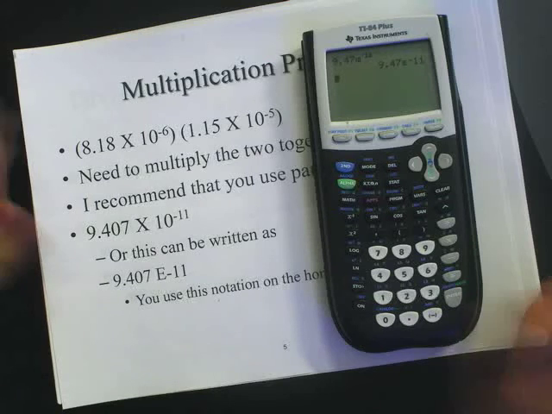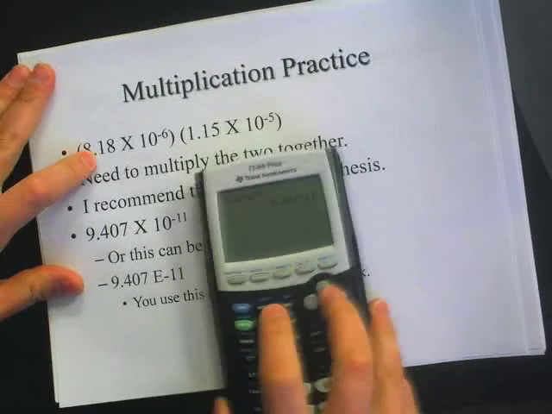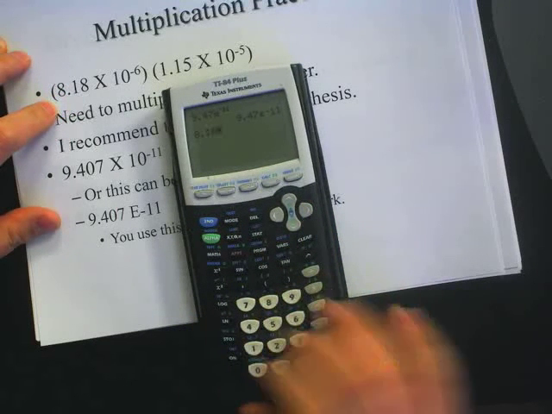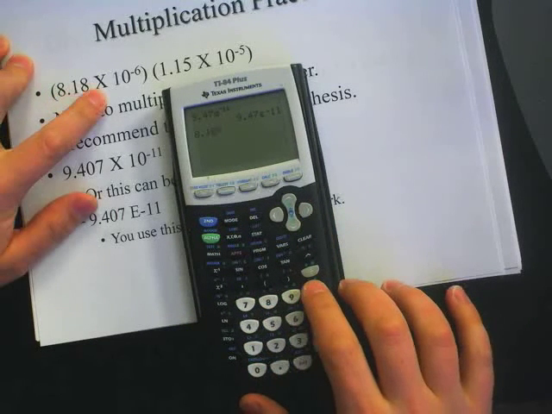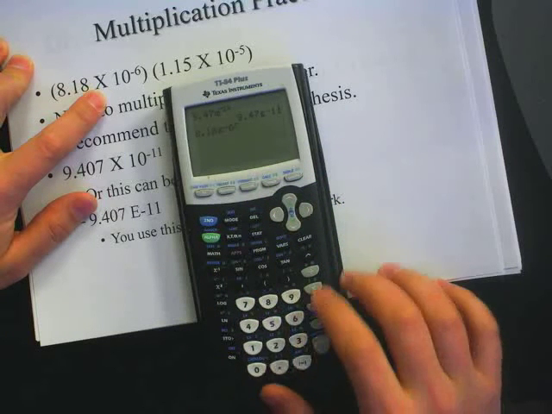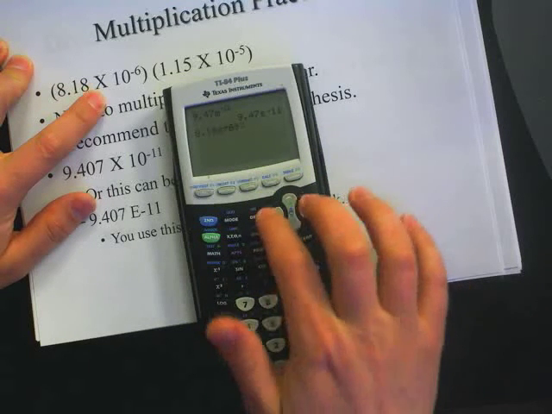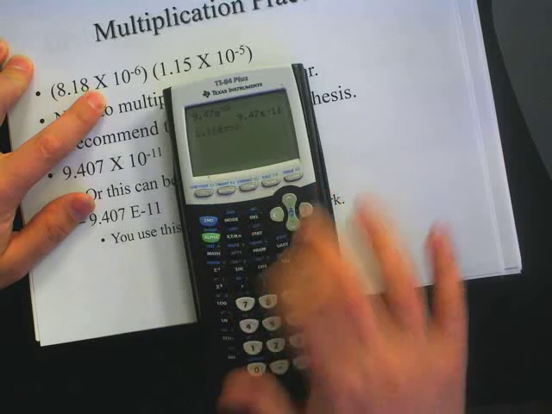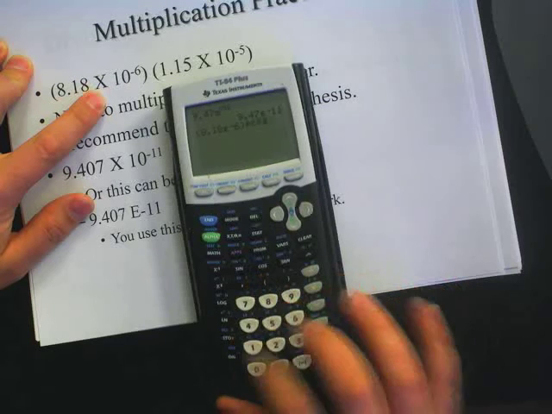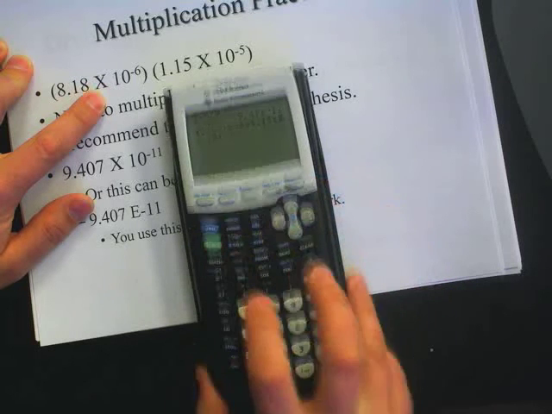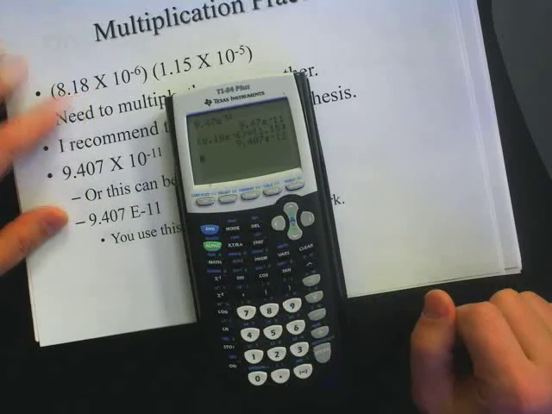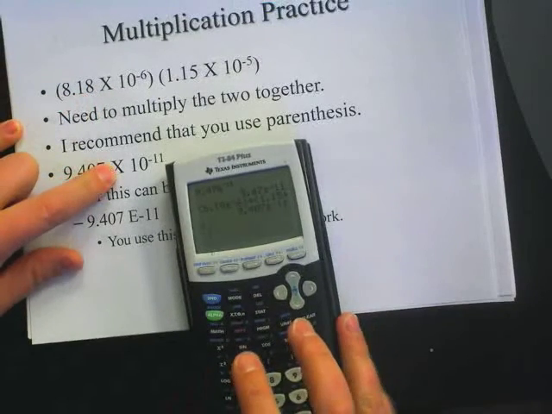So again, when you're putting something like this in your calculator, you're just going to type it straight in. 8.18 E negative 6. Oh, I forgot my parentheses. Second insert, parentheses. Okay, times parentheses 1.15 E negative 5. And I get some number like that, 9.407 E to the negative 11th.